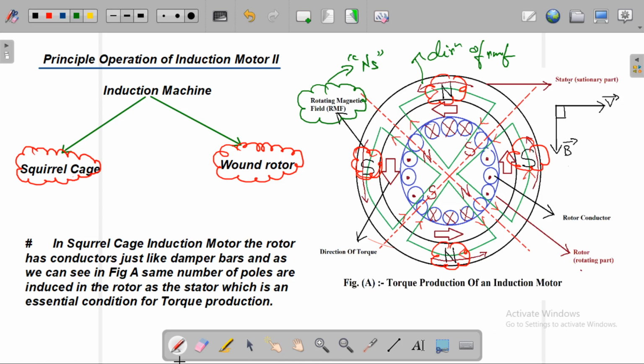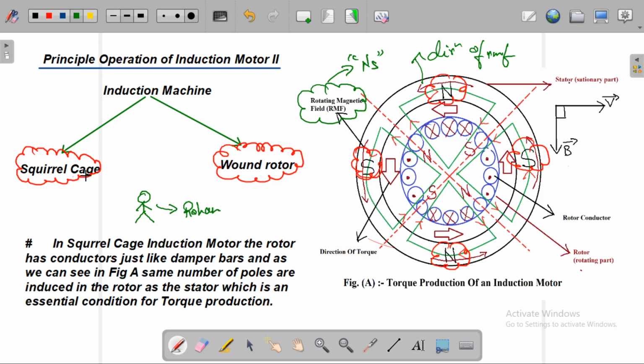For example, this boy's name is Rohan. Rohan is standing stationary on the railway platform, waiting for the train.